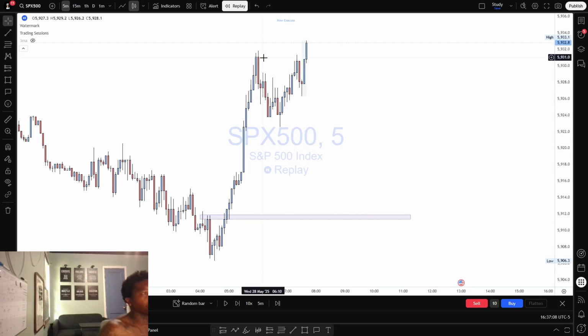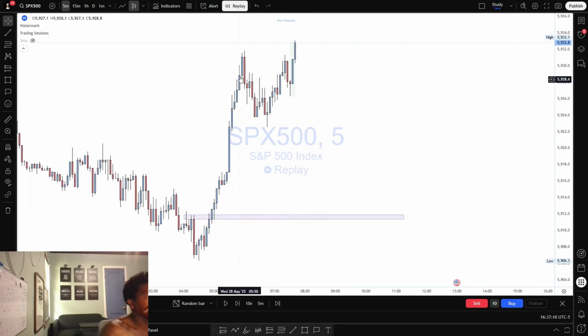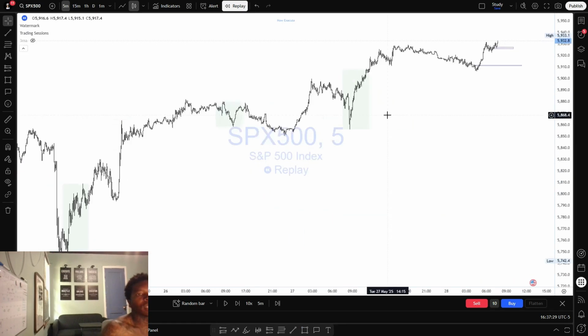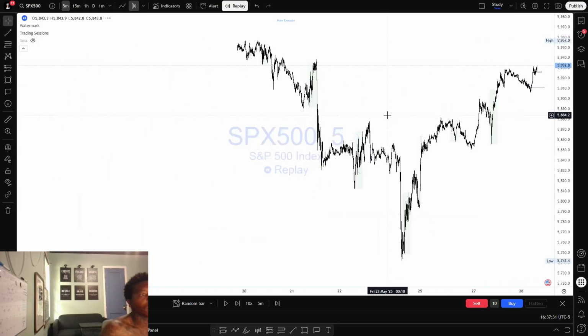We're actually starting to push above this high. So it does look like we got a great retest. And my thing is how far we can take this.